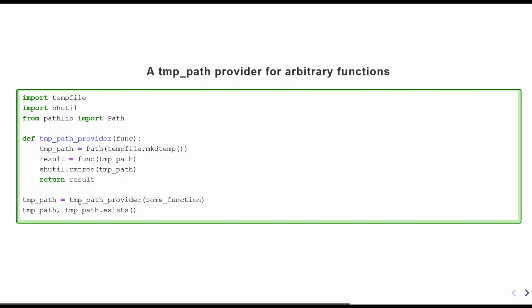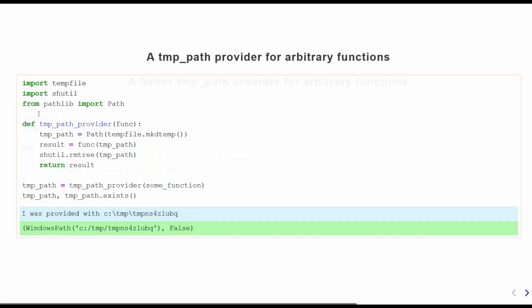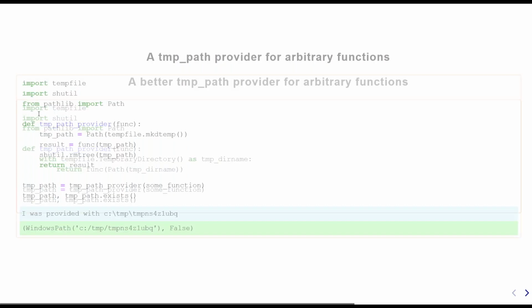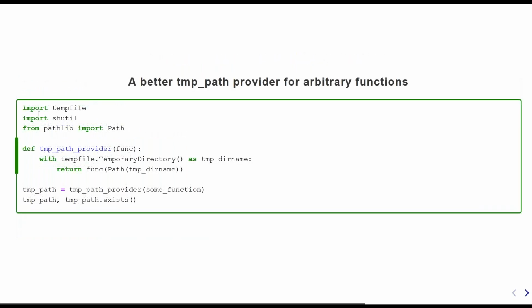And if I run this now, then I see the function did something with it. I was provided with blah, blah, blah. And then when I exited again, the folder was deleted because it's supposed to be a temporary path. And yeah, I mean, if you think, oh no, that's not going to work, you have to put that in a try finally. Yes, let's make that a bit nicer.